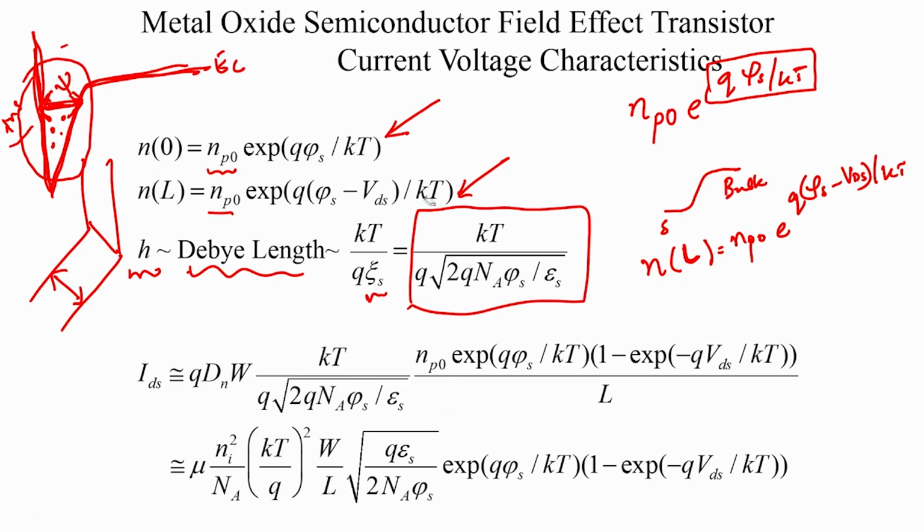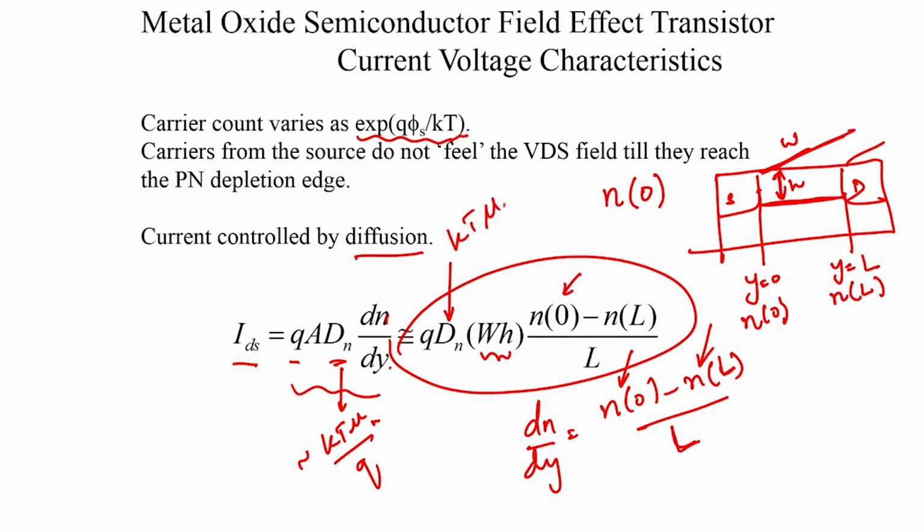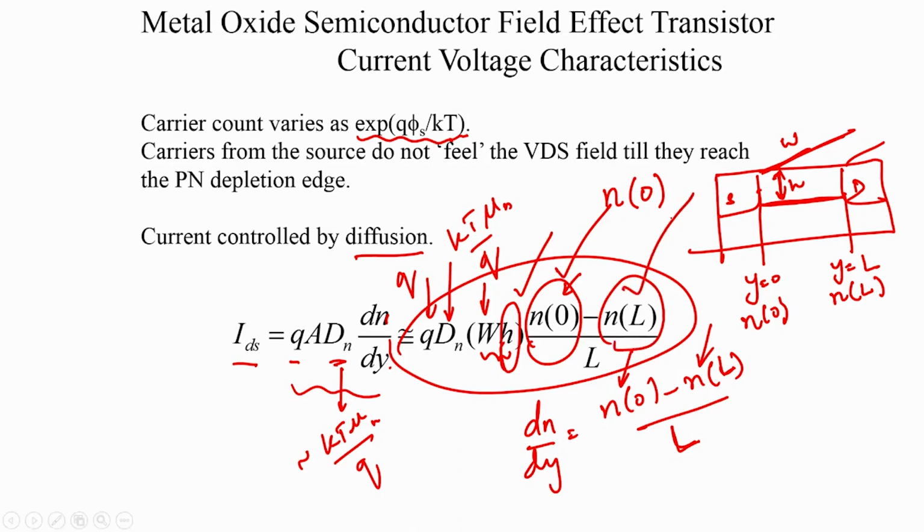So, we assign 3 parameters here, right. This is our equation for the current. We know the diffusion coefficient, because it is kT mu n by q, we will not define that any further. q is a constant, W is the channel width, H was undefined, so we have defined that, N of 0 was undefined, so we have defined that, N of L was undefined, so we have defined that, and L is the channel length, so that is defined.